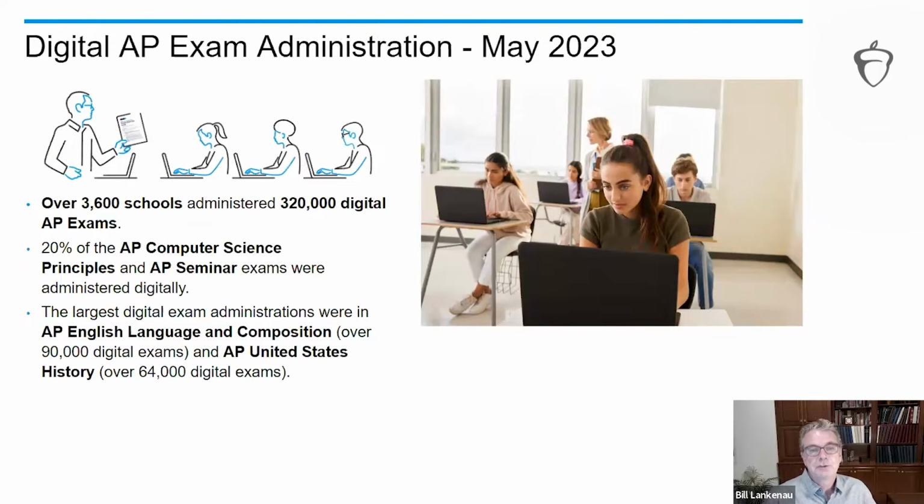Students took over 90,000 AP English Lang and 64,000 AP US History exams. These administrations at individual schools ranged from less than 10 students to over 700. And in case you're wondering, yes, all of these exams were scored and were included in the scores students received and the instructional planning reports teachers received, released in July.